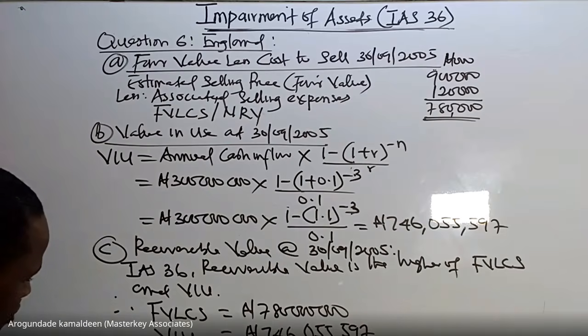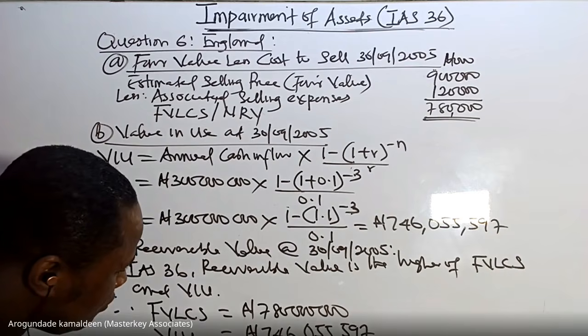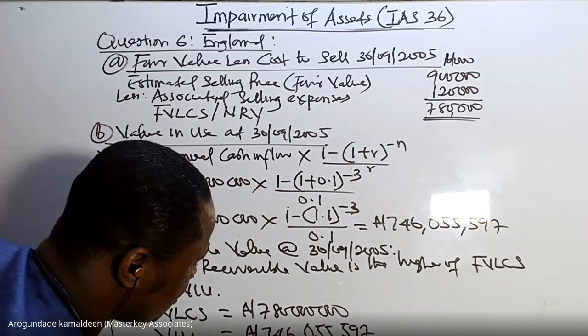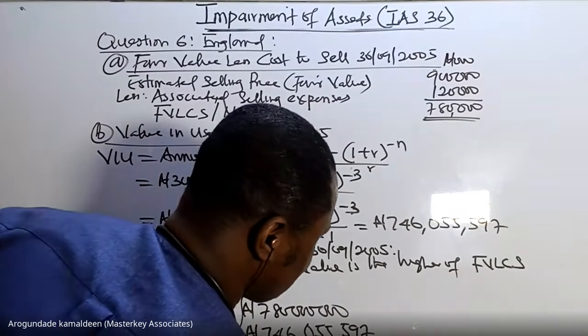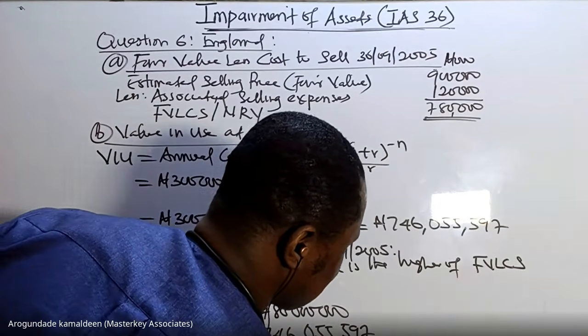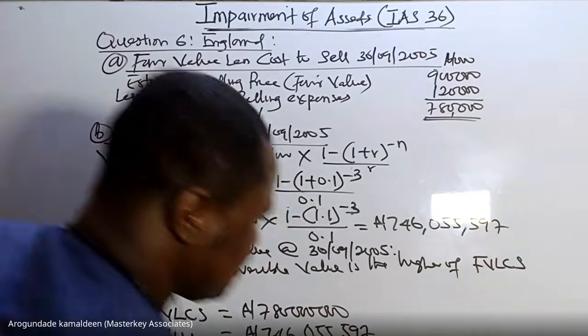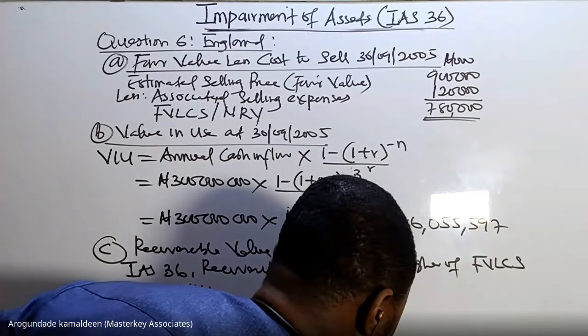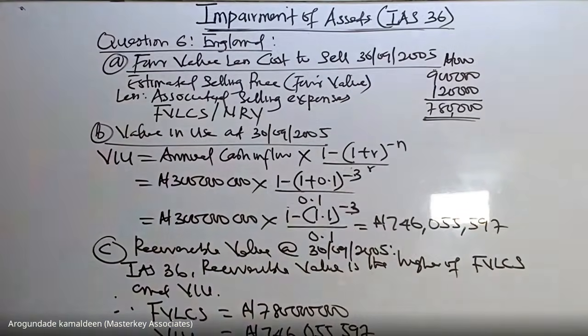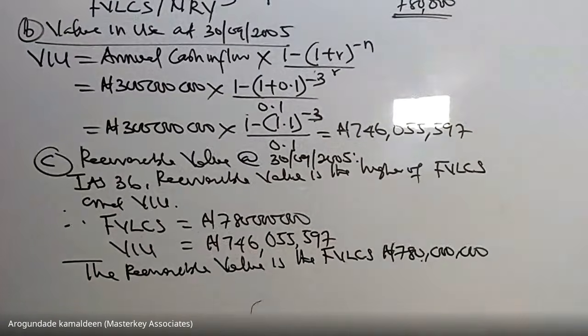Fair value less cost to sell, 780 million. Thank you. That is your recoverable value, class.